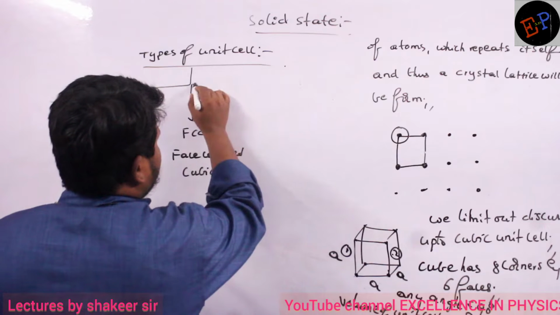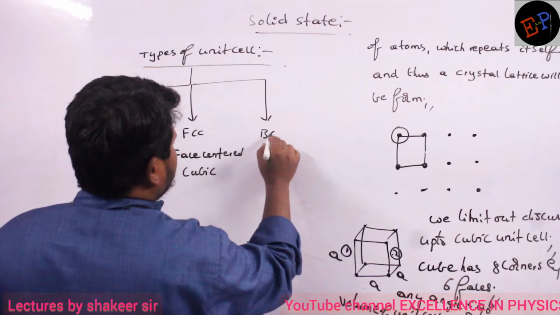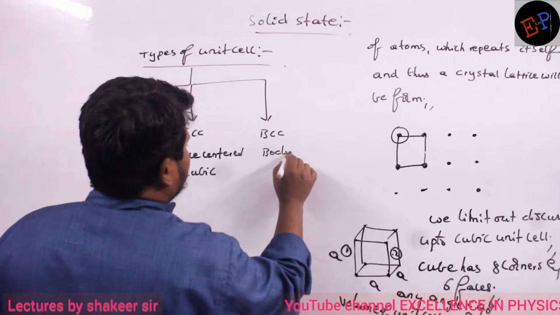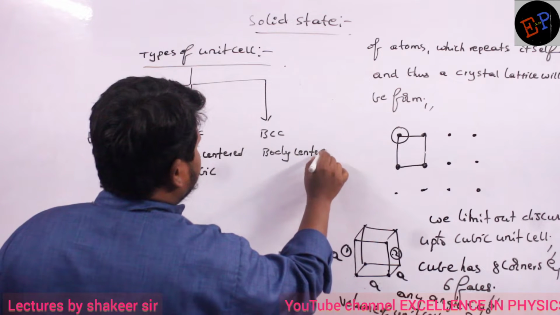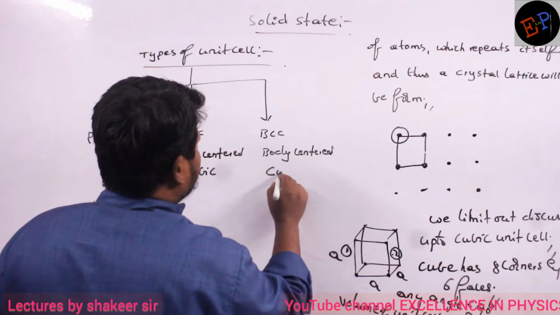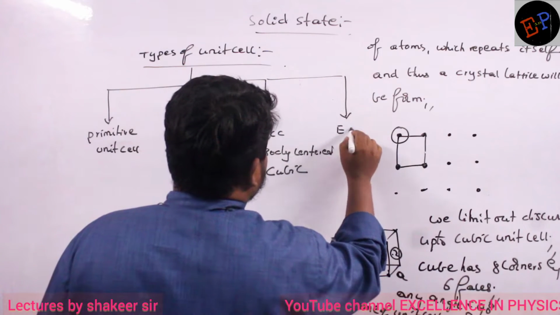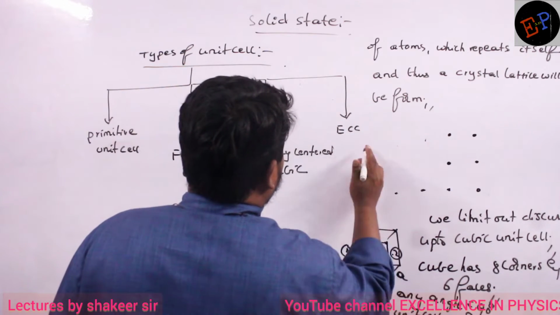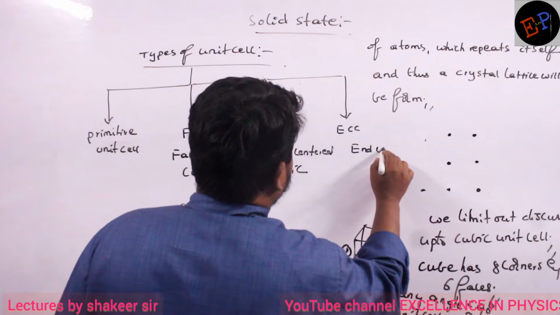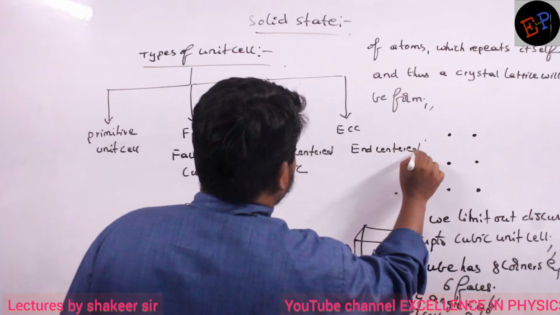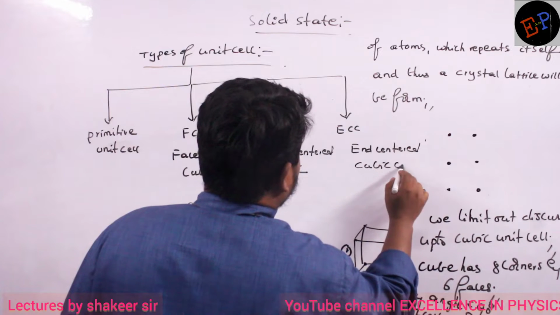And one more type is BCC. BCC means body centered cubic cell. And one more type is ECC. ECC means end centered cubic cell.